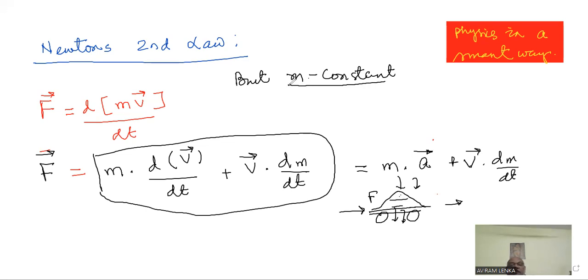If mass is constant, then the second part in Newton's law, the rate of change of mass, is zero, because mass is not changing. The derivative of a constant is zero. So because the second part vanishes, the external net force will be the first part of the right-hand side only, mass times acceleration.